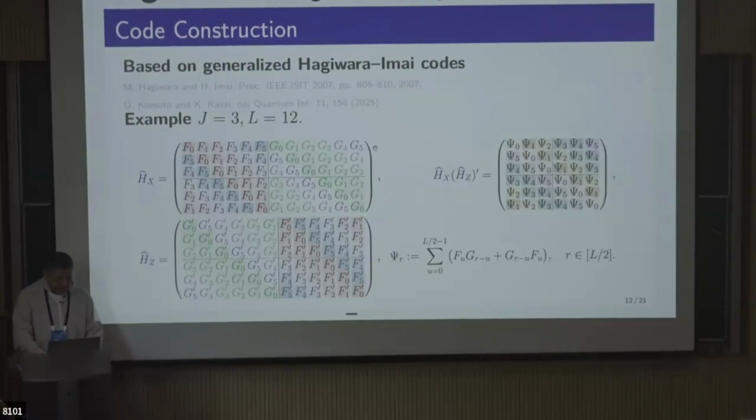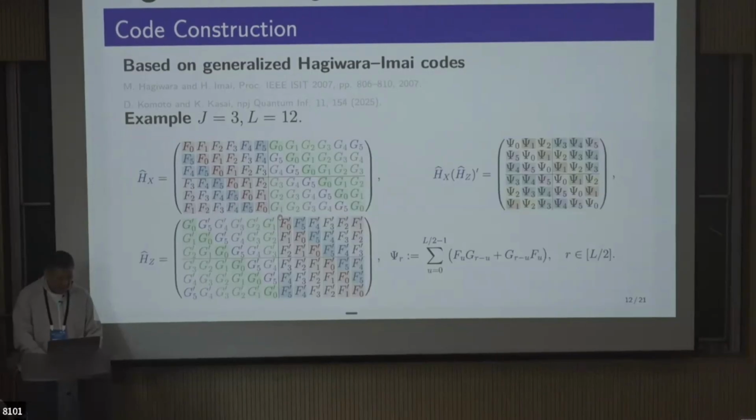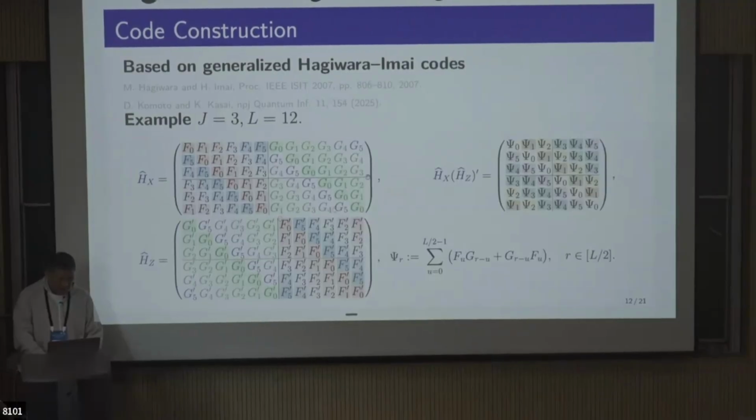In the parent matrix H hat X, the left half is made by cyclically shifting the Fi blocks, and the right half is made by cyclically shifting the Gj blocks.